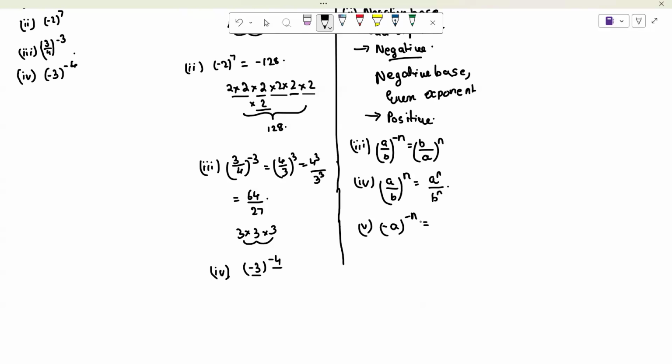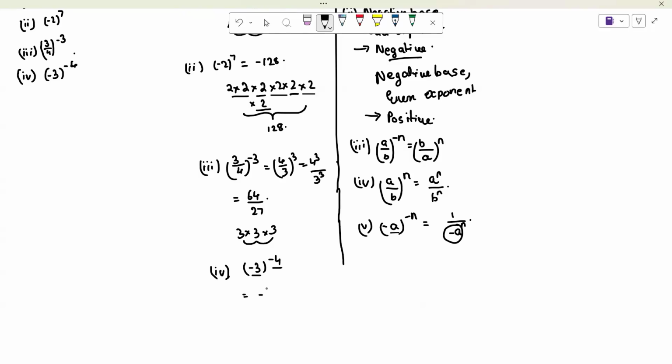You don't have to learn this many laws, but this is very common to use in exams, and if you use it, you will get very nice marks also. So minus a power minus n is nothing but 1 by minus a power n. So 1 by minus a power n means this base, when it goes into the fraction format, will remain negative. It won't change into positive.